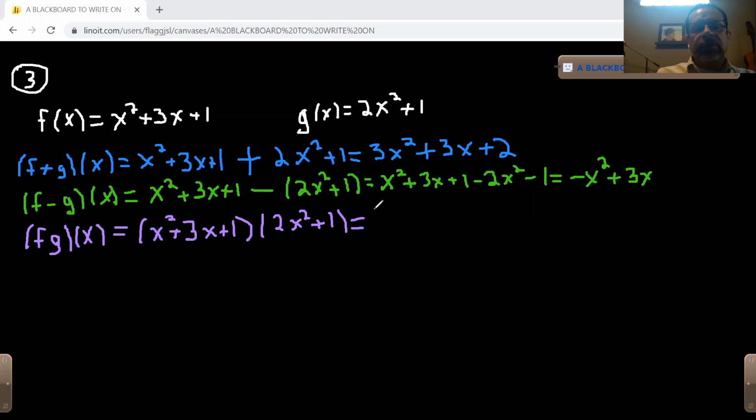I'm just going to multiply each of the terms. 2x to the 4, plus 6x to the 3, plus 2x squared. And then plus x squared.